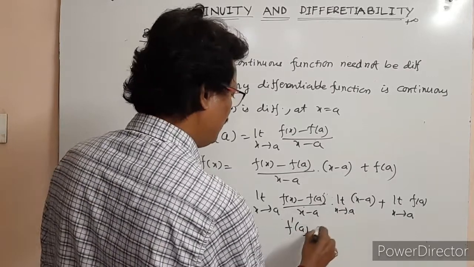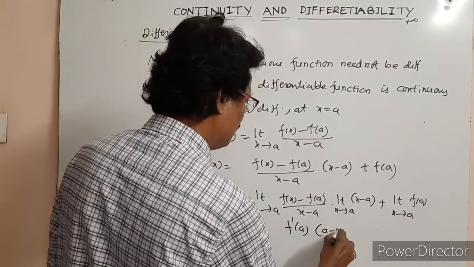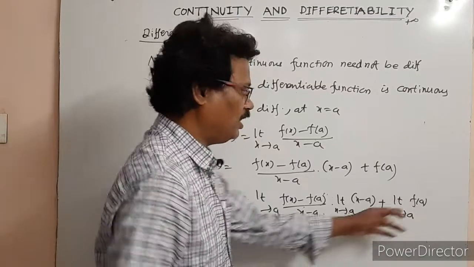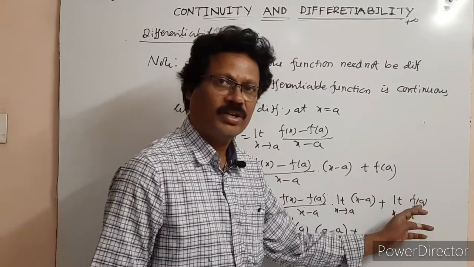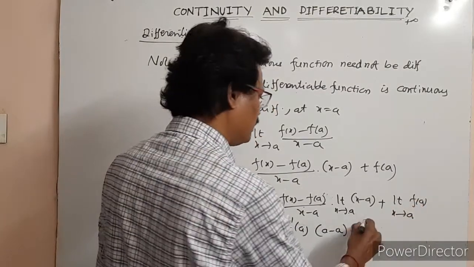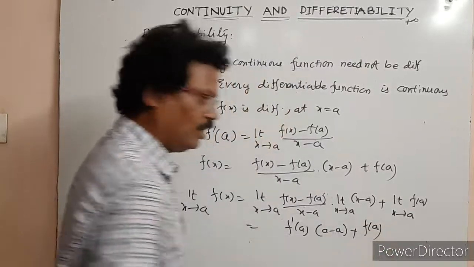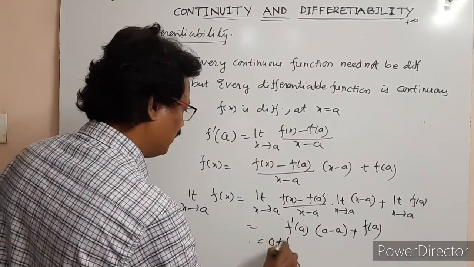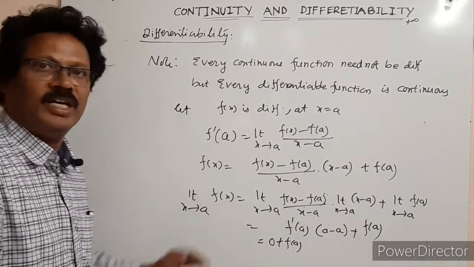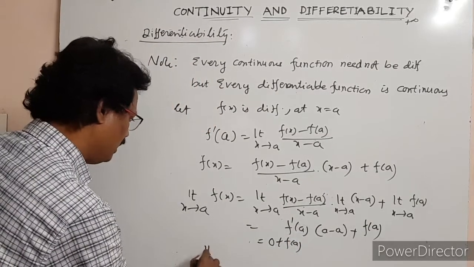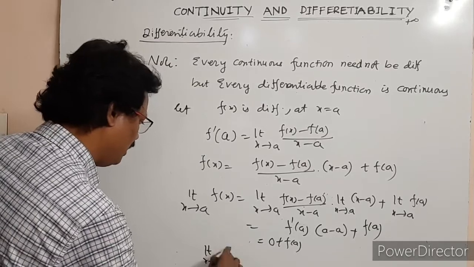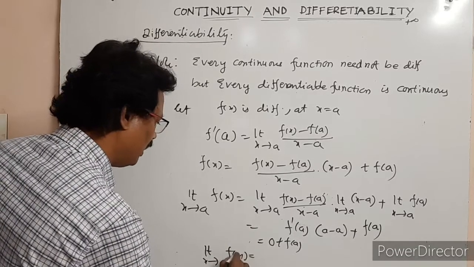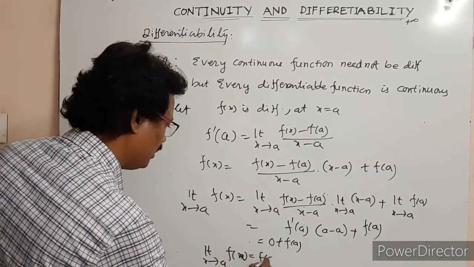Put x equal to a, that is a − a = 0, and this is f(a). In this x is not there, therefore it is a constant function, itself f(a). Now a − a is 0, therefore this is 0 plus f(a). Finally, what we got here is the limit as x tends to a of f(x) is equal to f(a).